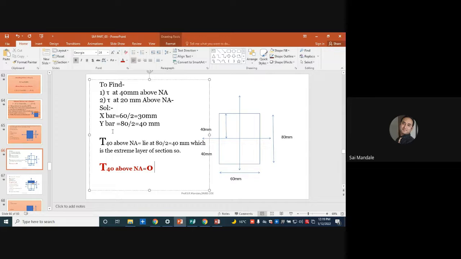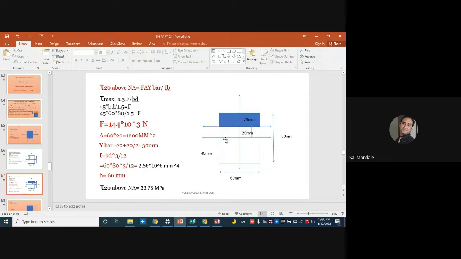The second, tau at 20 mm above NA. So from here to 20 mm above NA, this is the section over which we have to focus on the shear stress calculation.